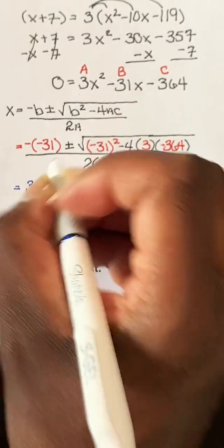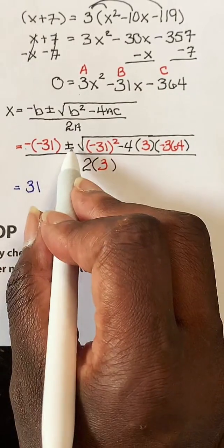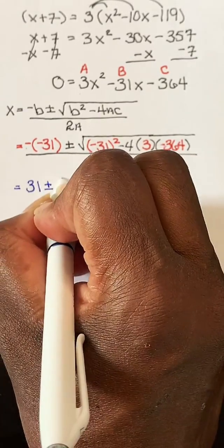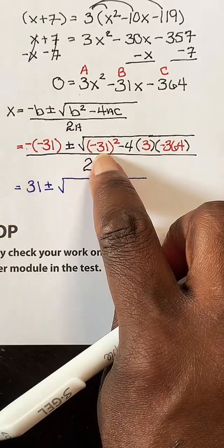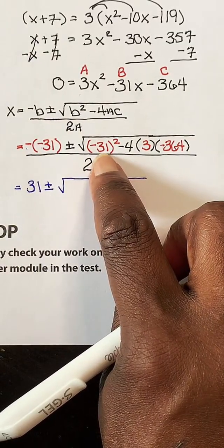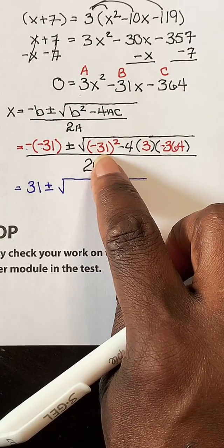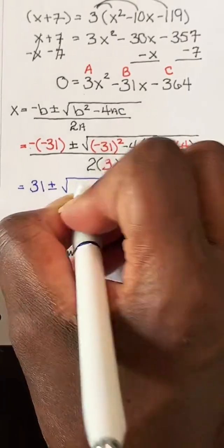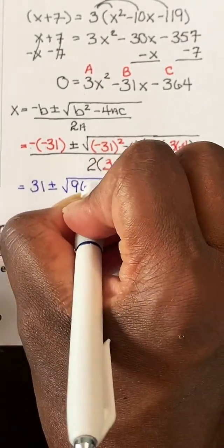All right, so a negative times a negative gives me that positive. Plus minus comes down. So negative square root, negative 31 squared. That means it's going to be negative 31 times negative 31. A negative times a negative gives me a positive, and it's 961.